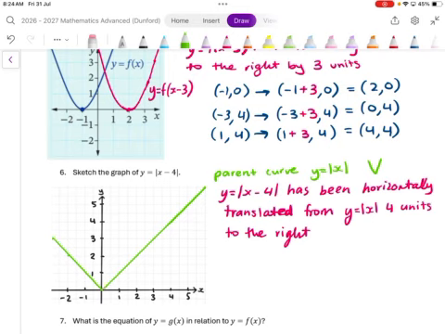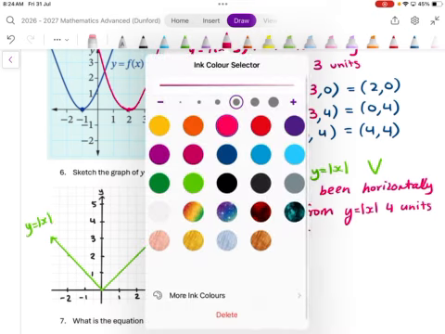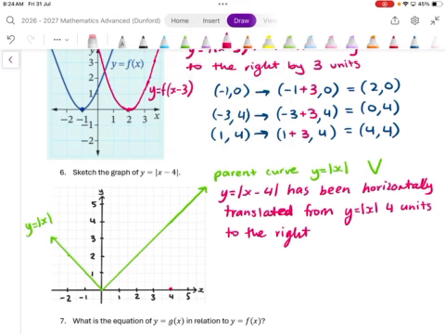Okay, so this is our curve y equals the absolute value of x. And what we're doing is we're picking it up 4 units to the right. And so now it will look like so.